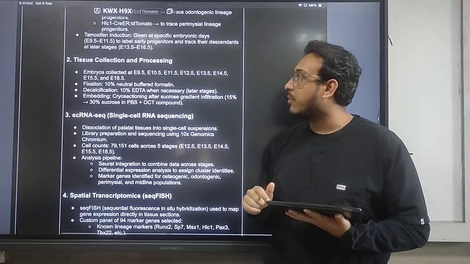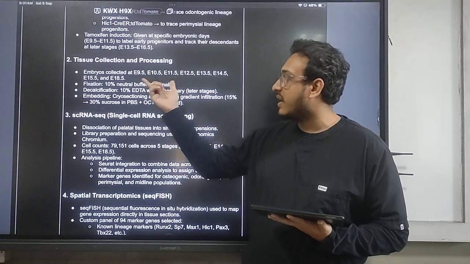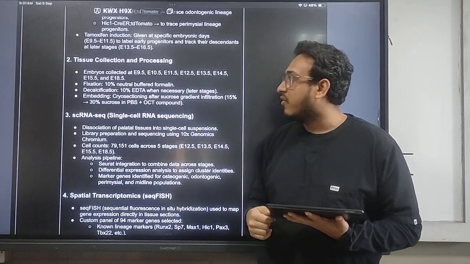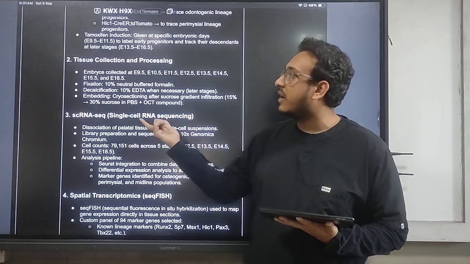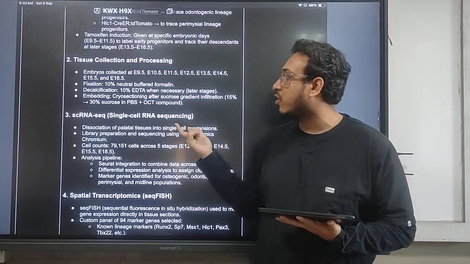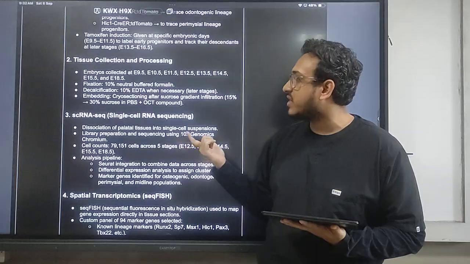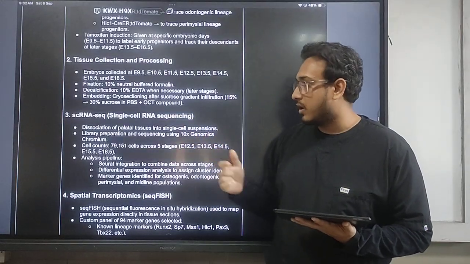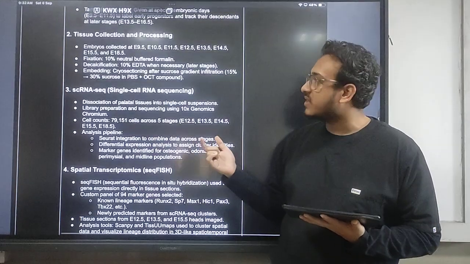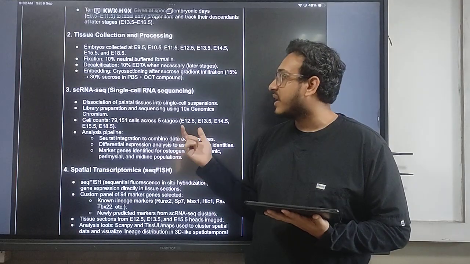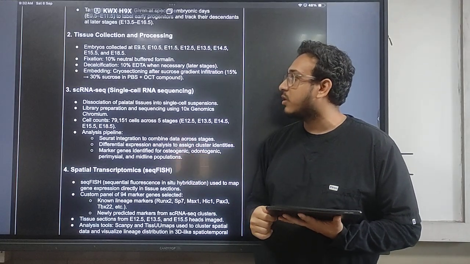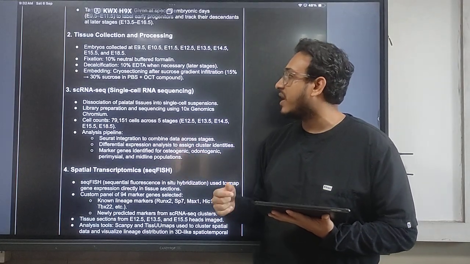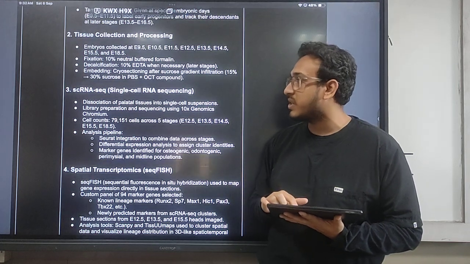The tissue collection and processing was done at these days of the week, and fixation was done with decalcification, and embedding was done. They did cryosectioning to see the tissue palatogenesis development. The single cell RNA sequencing was done by dissociation of palatal tissues into a single cell suspension.